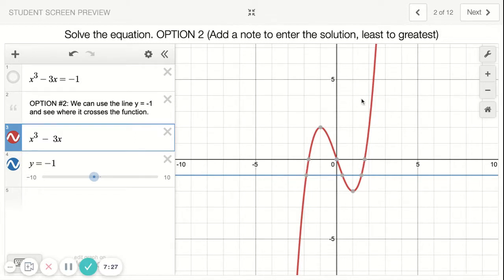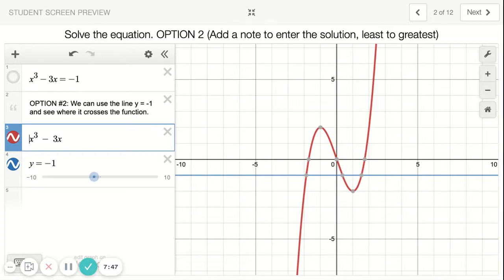Okay. So we graphed what's on the left of the equation. We've graphed what's on the right of the equation. And then your last thing is your answer. And your solutions for this one are the intersections.